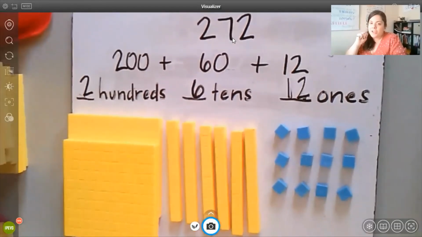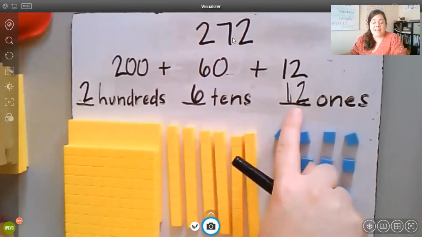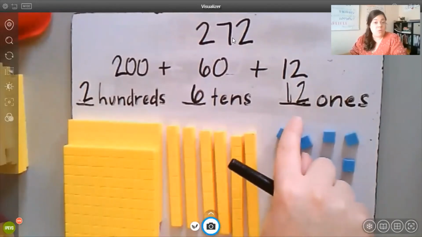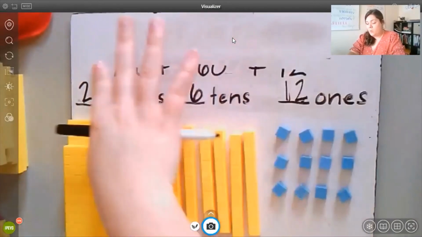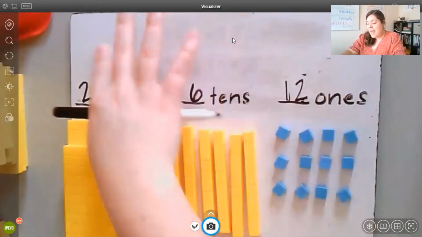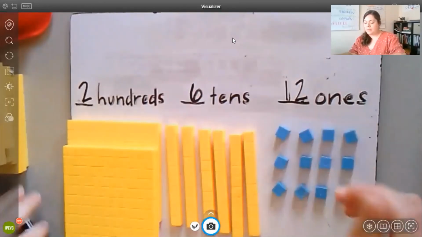But I bet some of you had some red flags going off as soon as we realized that we had 12 in the ones place. Because I know you all know that we cannot have 12 in the ones place. So that leads me to the other way that we could take a look at this problem.